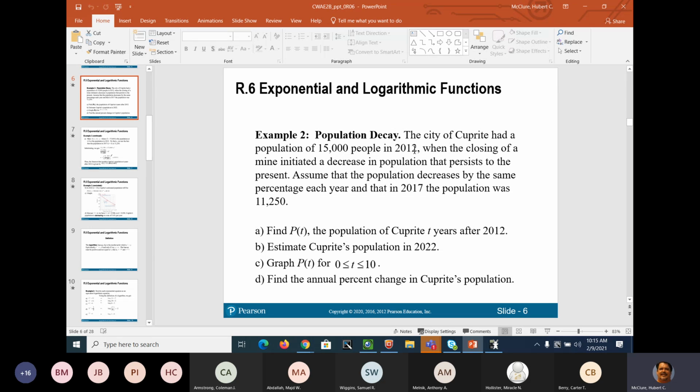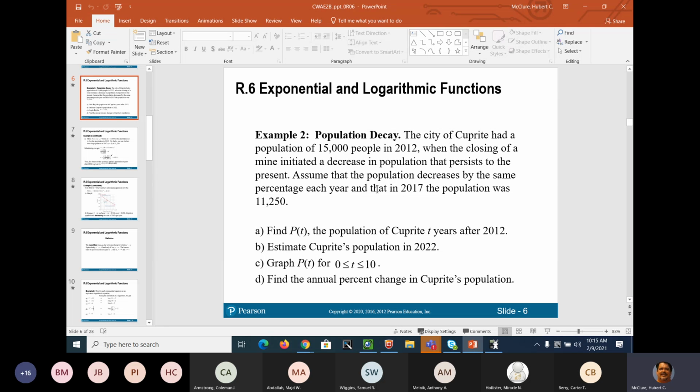Okay, so in 2012 you had 15,000. In 2017 you have 11,250. Find P of T, the population of Kuprit, T years after 2012. So at 0, you have 15,000, and at 2017, you've got 11,250.